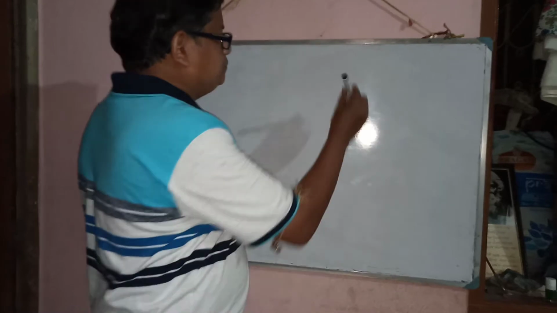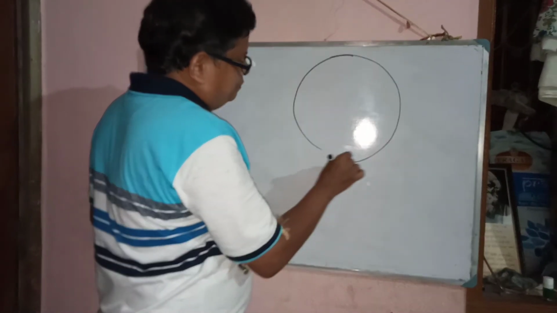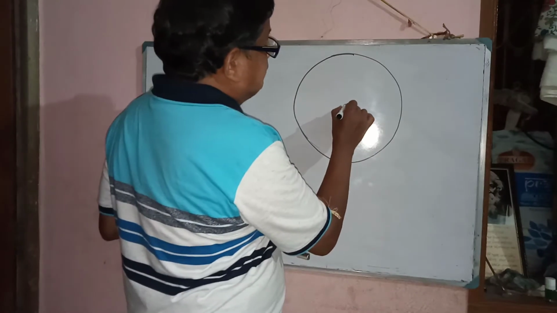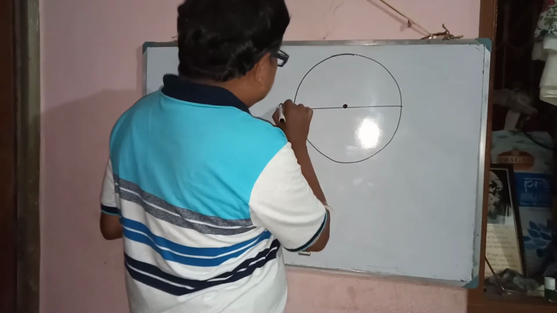See this figure. This is the center O. This is the diameter, suppose AB.